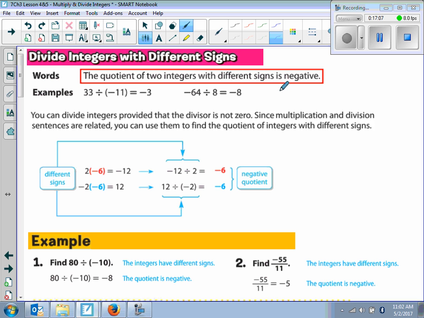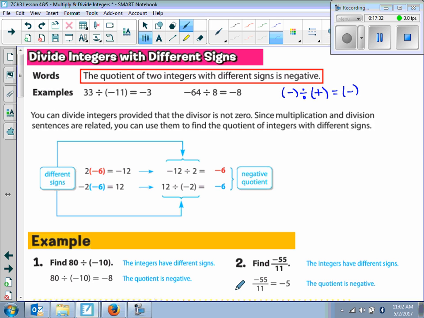So that means if I have a negative divided by a positive, a negative divided by a positive, we're going to get a negative. Didn't we figure that out in our warm-up?